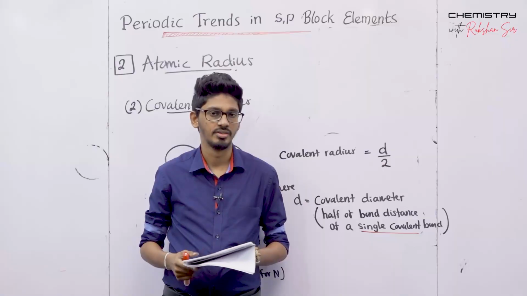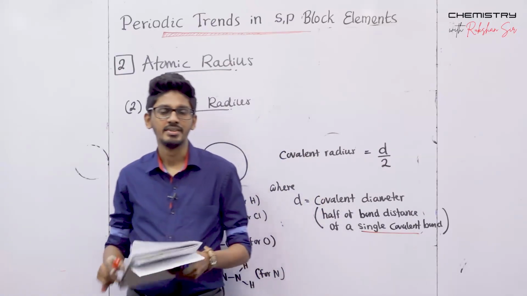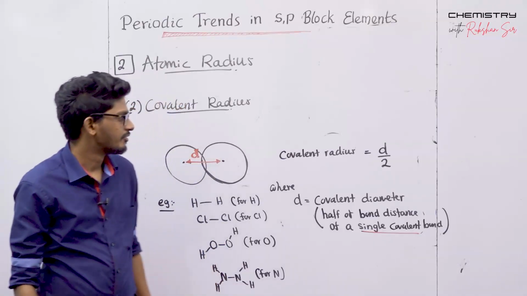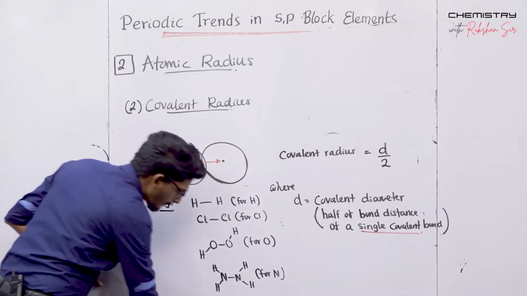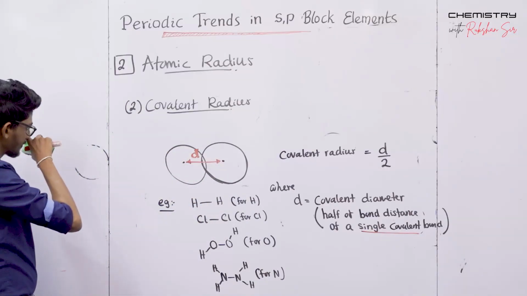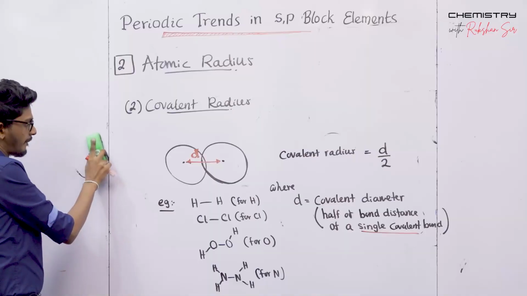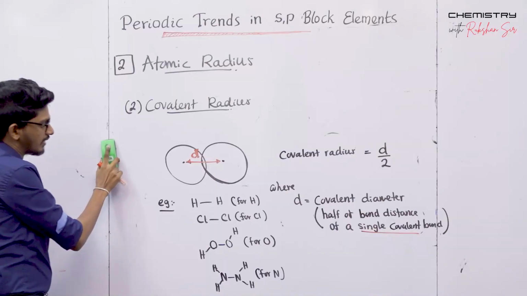One example is the Van der Waals radius, right? Okay, right. Let's come up with the concept of Van der Waals radius. The third thing, right? Van der Waals radius.